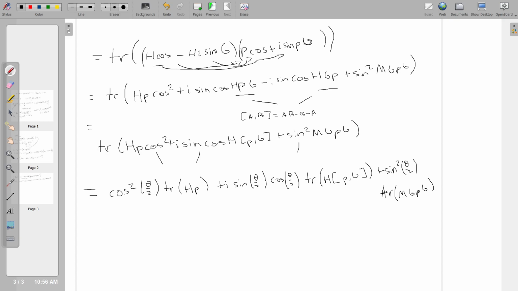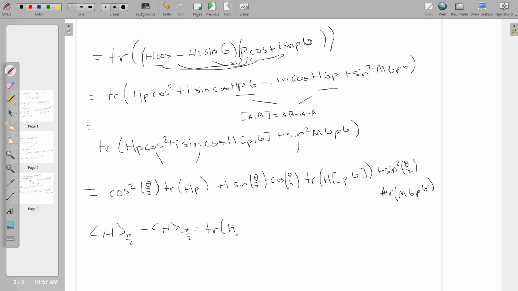I'm not going to actually do all of the derivation of this middle term, but let's suppose theta is pi over 2 here, and theta is negative pi over 2 here. We know this is the same trace operators as above.